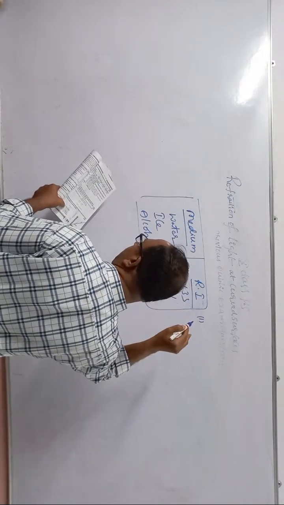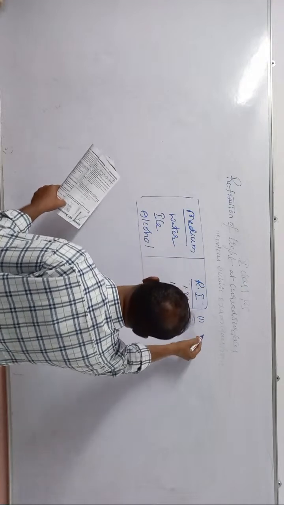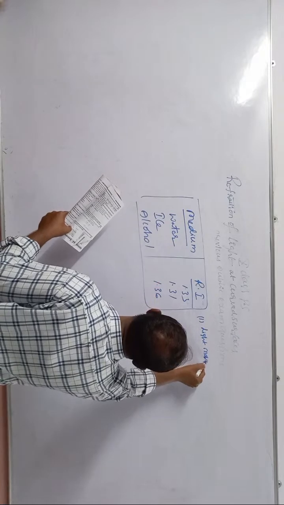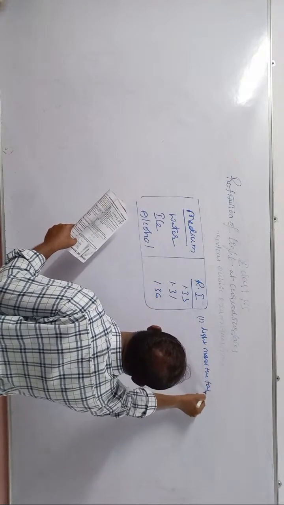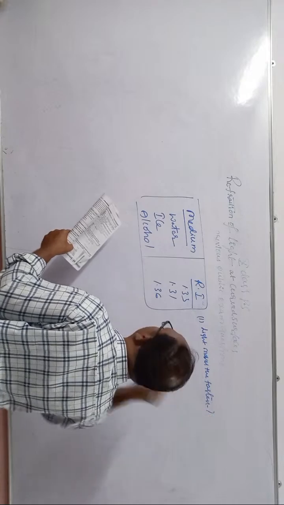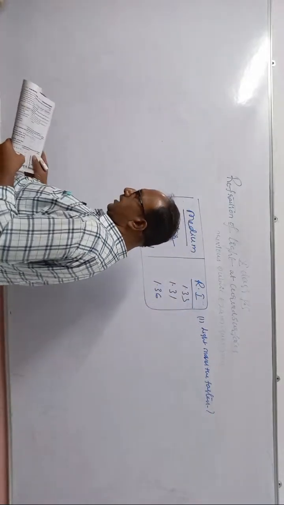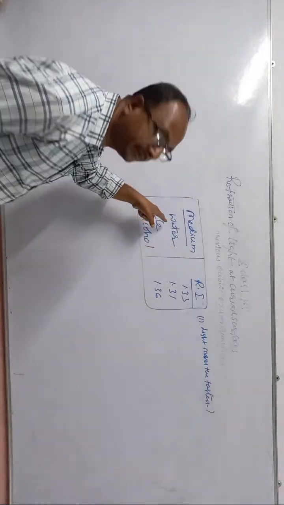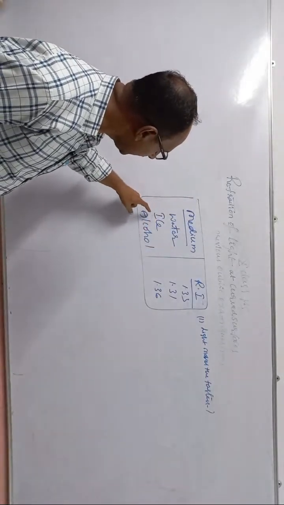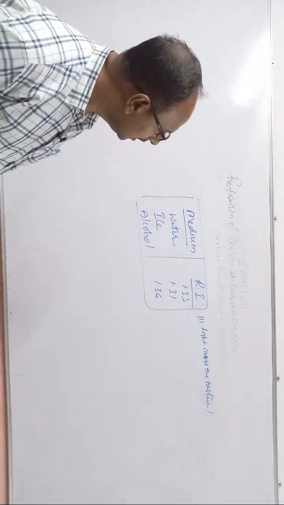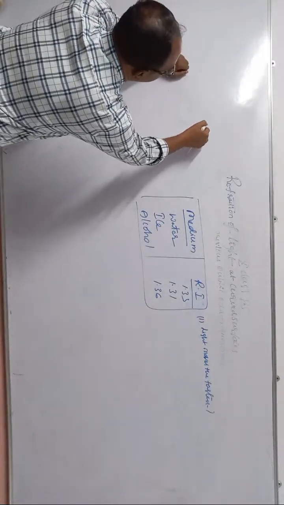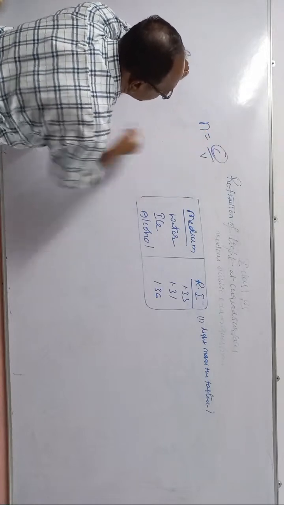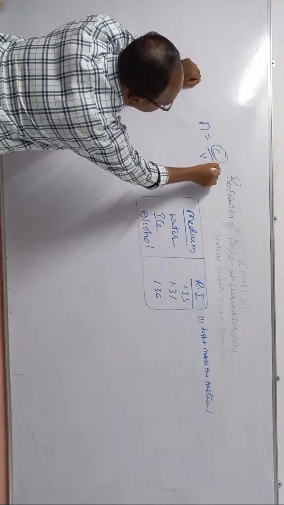in which one of the above media does light move the fastest? There are three media: water, ice, alcohol. You know the refractive index formula n equals c by v, where c is the speed of light in vacuum. It is a constant.